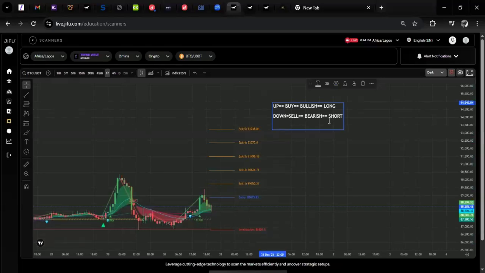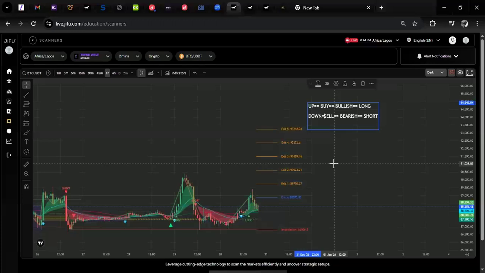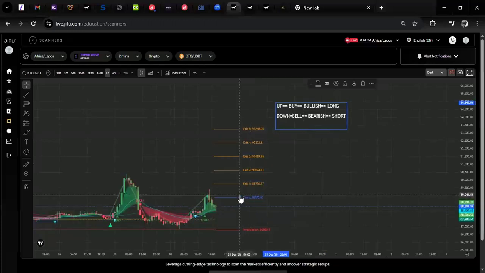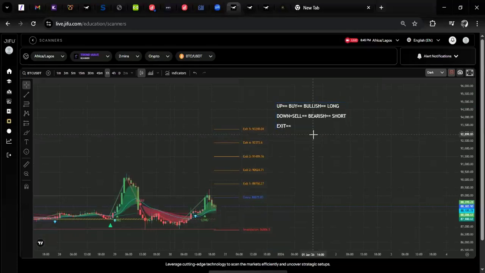Now, this is how you get to know. You need to know exactly how you get to know. Once you see entry, that is your entry. Whenever you see exit, another word for exit is take profit.